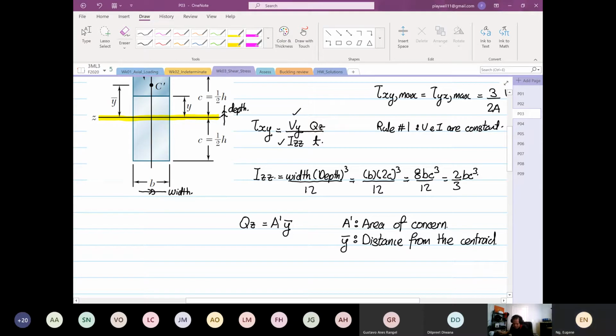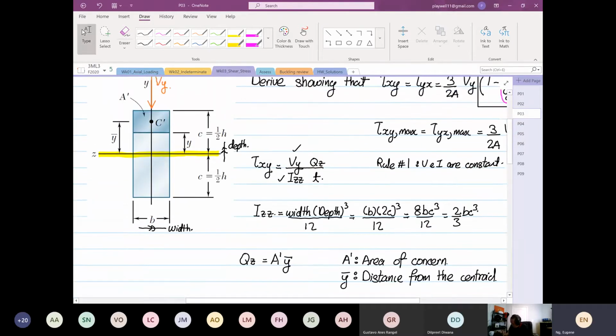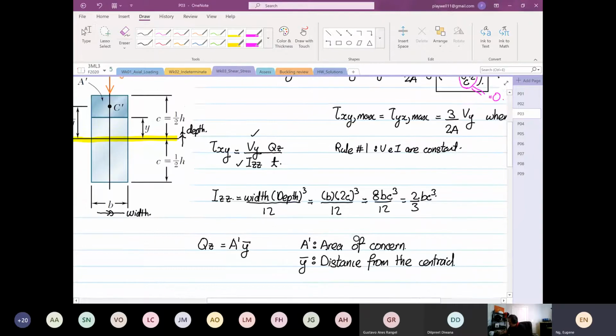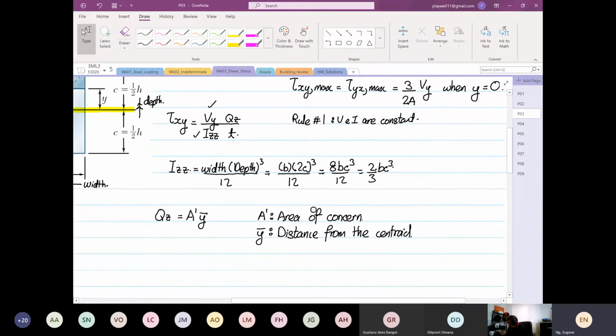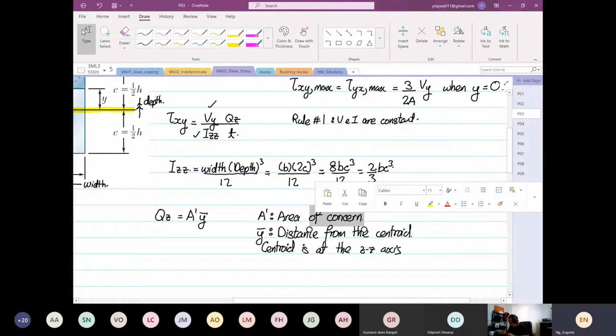So Y prime is the what? Distance from the centroid. So over here, the centroid is at the ZZ axis. Okay, I repeat again, the centroid is at the ZZ axis.